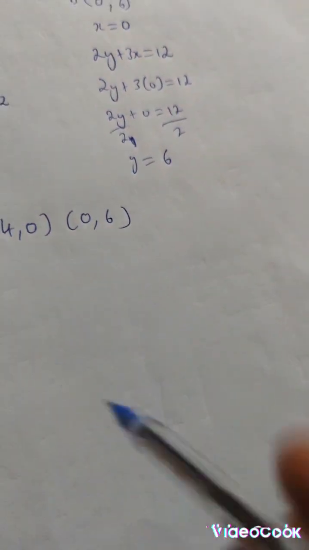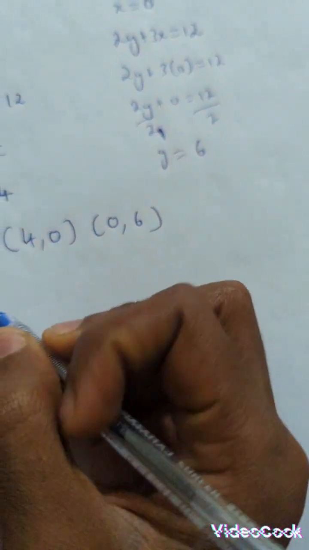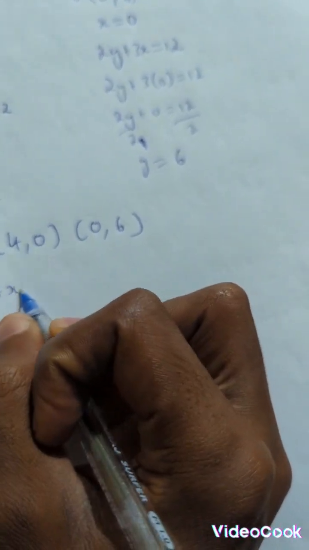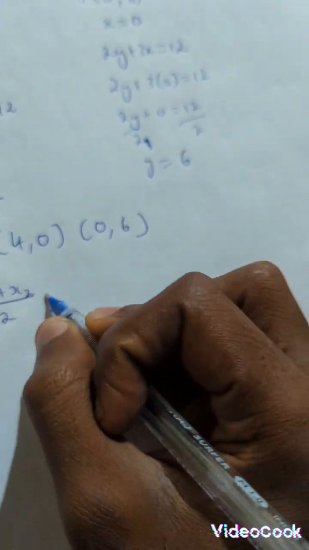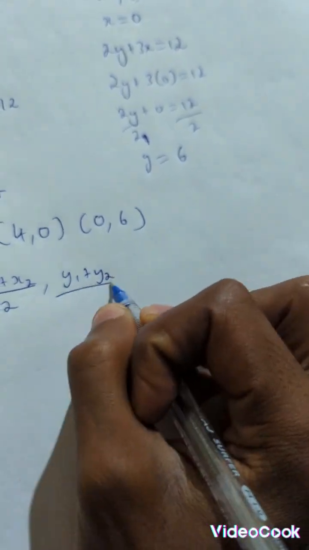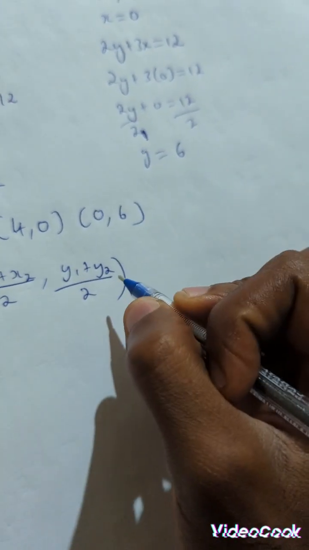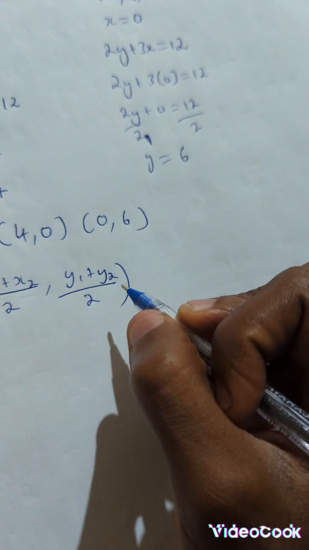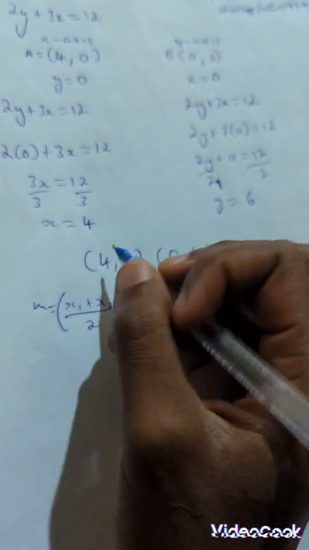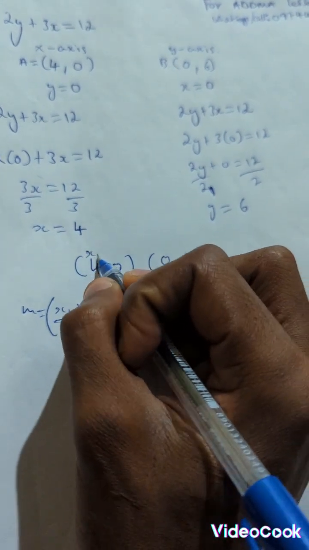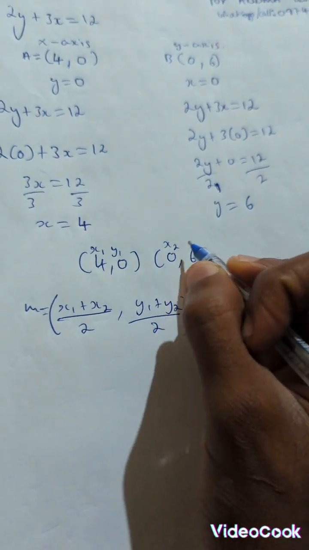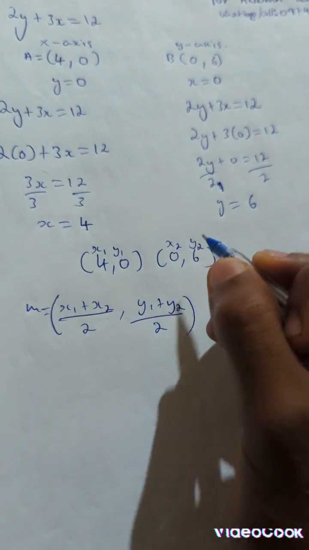The midpoint formula is: midpoint is equal to x1 plus x2 over 2, y1 plus y2 over 2. Then we have x1, y1, x2, y2.